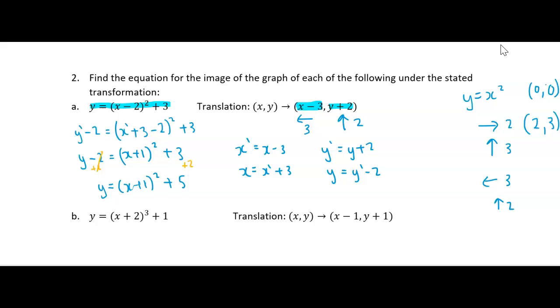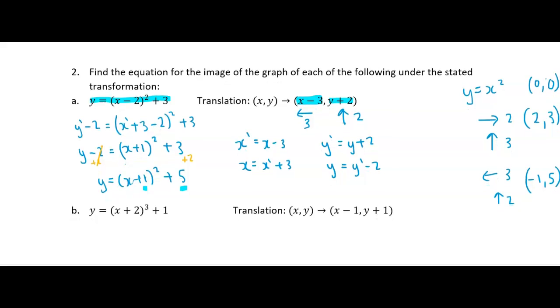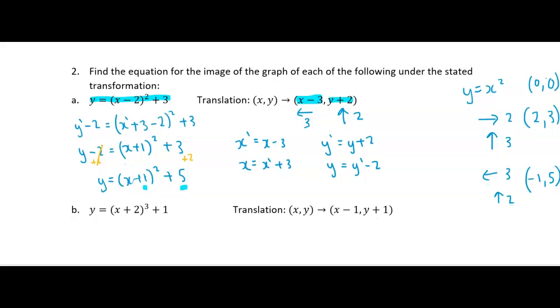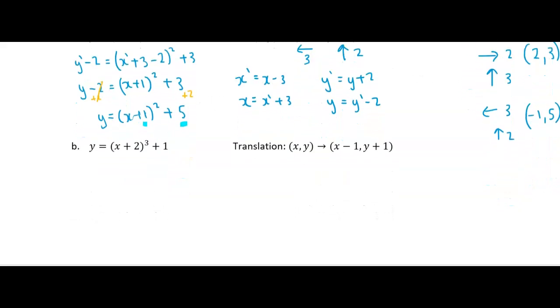So my turning point now becomes 2 minus 3 is -1, and 3 plus 2 is 5. And you can kind of see we do have it in turning point form. So you can see the -1 and the 5. Do I need to do anything else? No, I'm not going to write the domain and range.